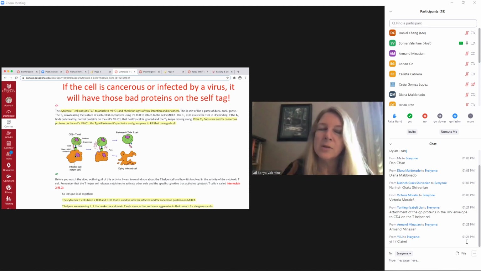So all of your cells have MHC1, and that is used to communicate and say to your immune system, hey, this is one of the cells. It belongs in the tissue. Don't attack it. It's a normal cell. This is how it can start learning the difference between infected cells or pathogens and your regular cells.